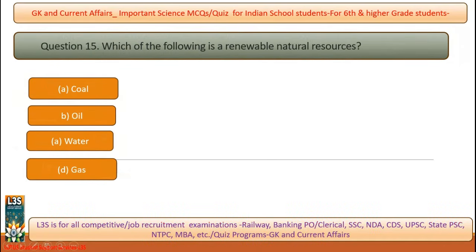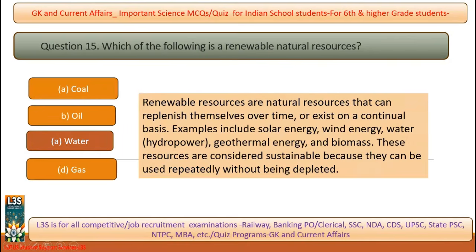Which of the following is a renewable natural source? Options are coal, oil, water, gas. And correct option here is water. What is renewable natural resource? Renewable sources are natural resources that can replenish themselves over time or exist on a continual basis.